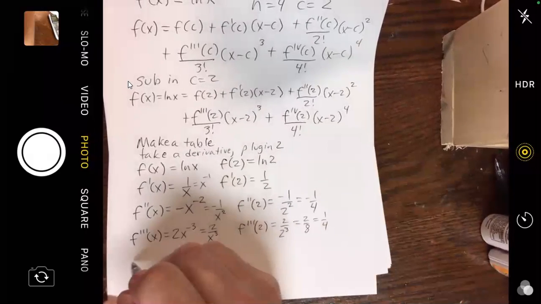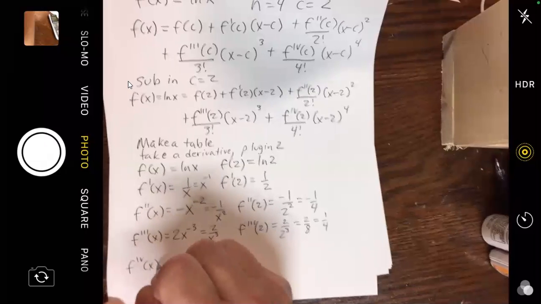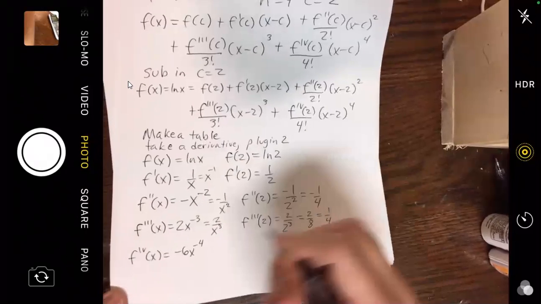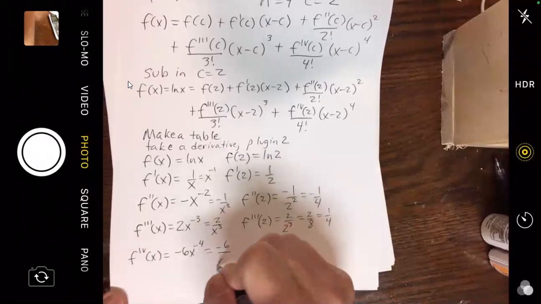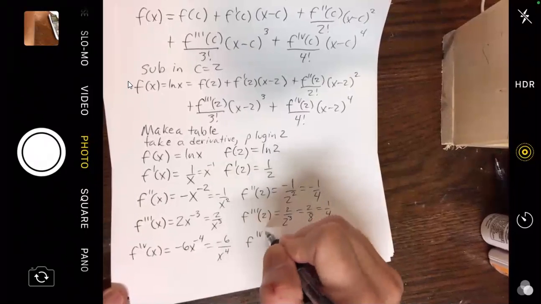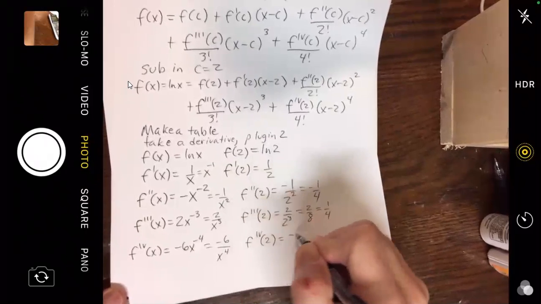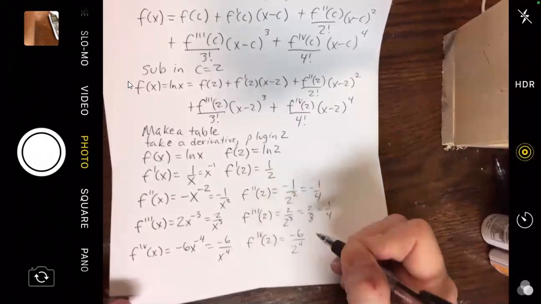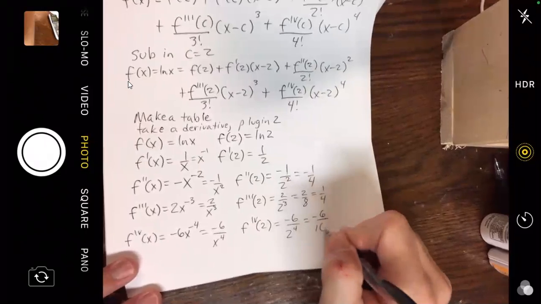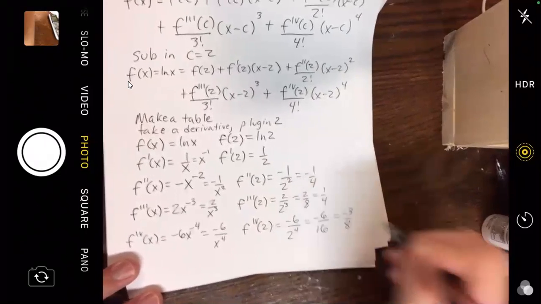One more to go. Fourth derivative of x would be negative 6x to the negative 4. Negative 6 over x to the 4th. And plug in a 2. Negative 6 over 2 to the 4th. Negative 6 over 16, which is negative 3/8.